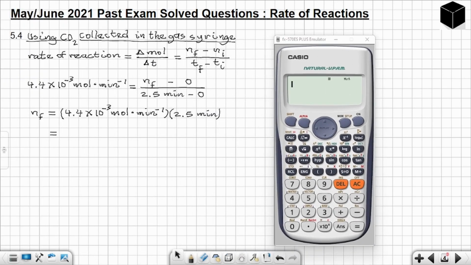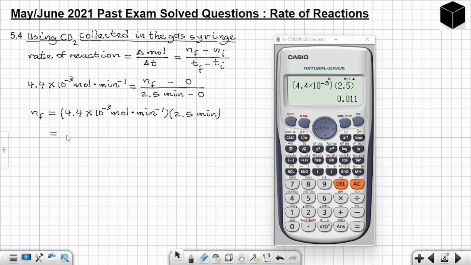So you have 4.4 times 10 to the power of negative 3 times 2.5, which is equal to 0.011. Can you see?